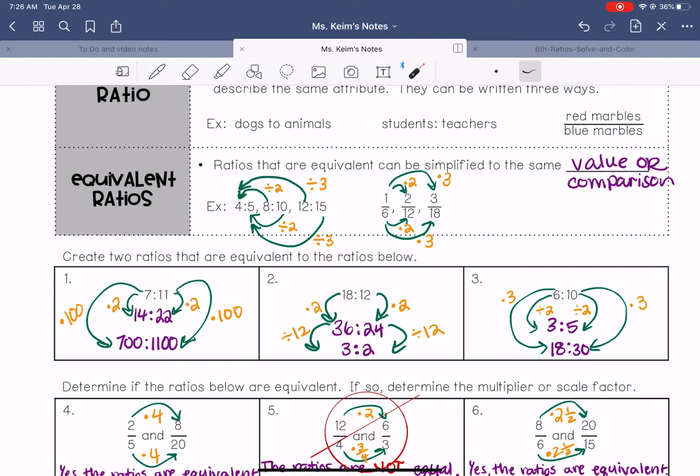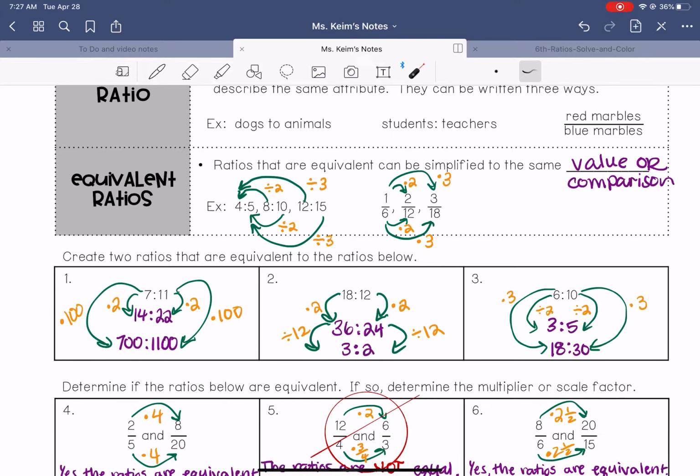The same thing's true going the other way. You can create equivalent ratios by scaling up both numbers by the same factor. Remember, multiplying by fancy versions of 1.